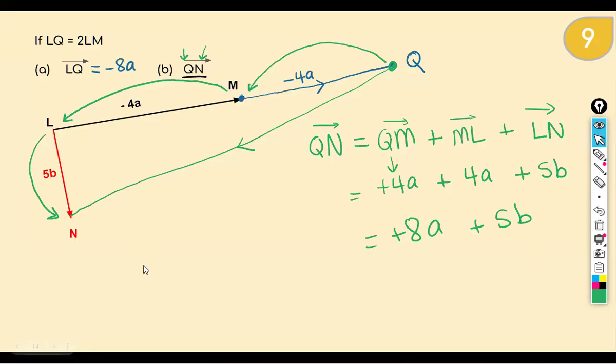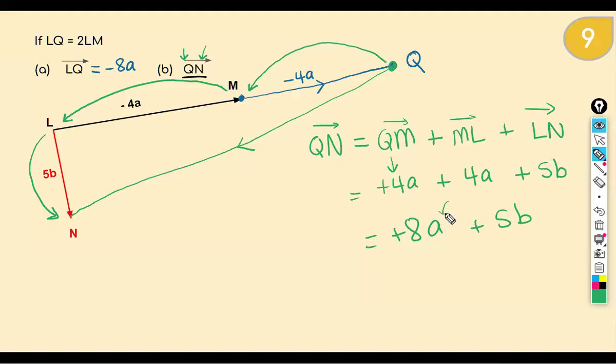A lot of people, I think, had that answer. Let me just double check. Yep, a lot of people have it. Remember, they never ask you to find the length of QN. For those who try to find the length of QN, that's an impossible question.